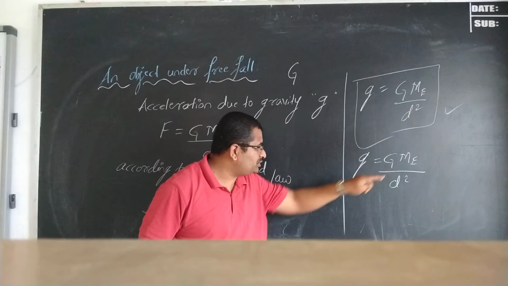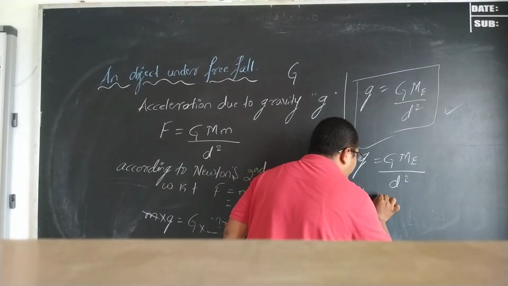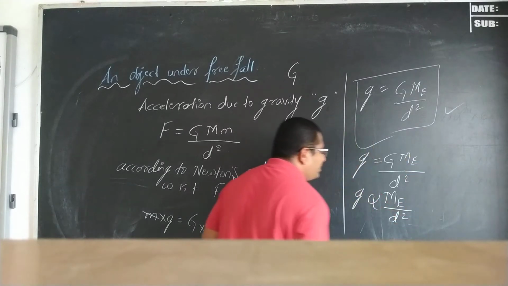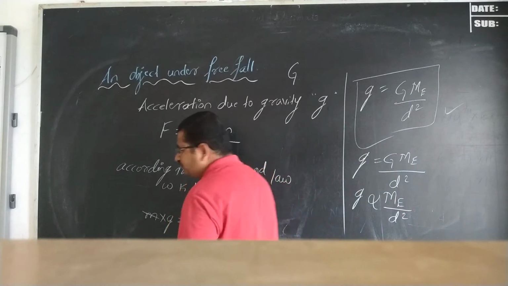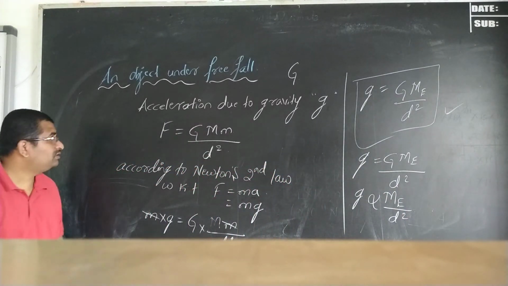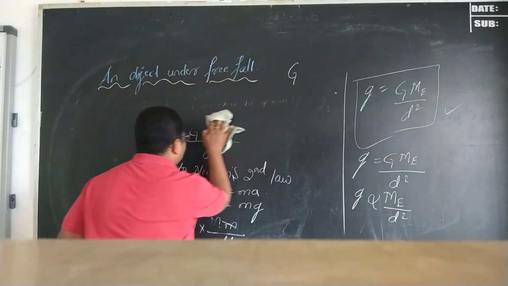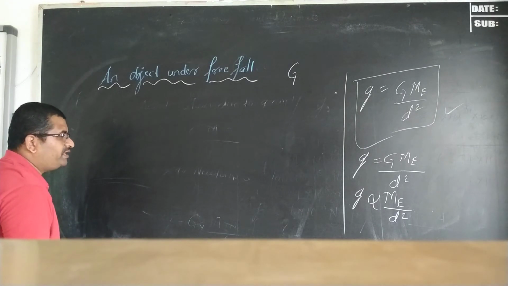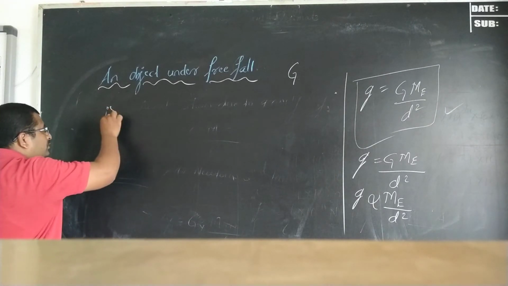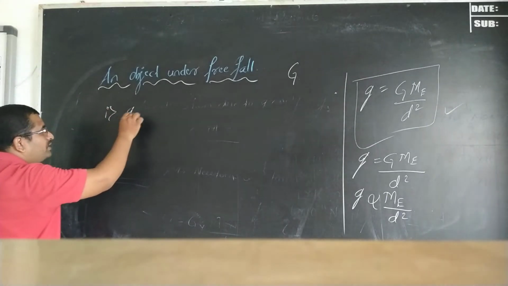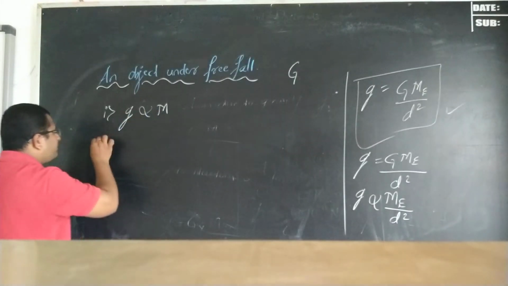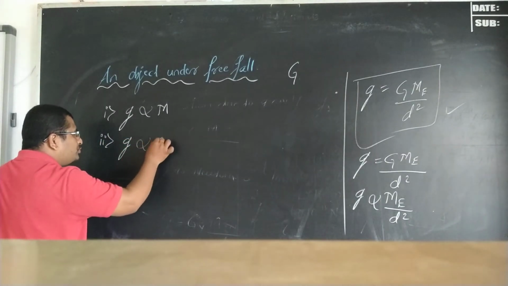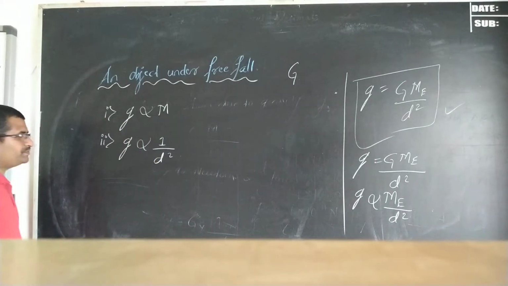If I remove this constant, the proportionality sign comes in: g is proportional to Me/d². This can be said in two ways: the acceleration due to gravity is directly proportional to mass, and inversely proportional to the square of the distance.